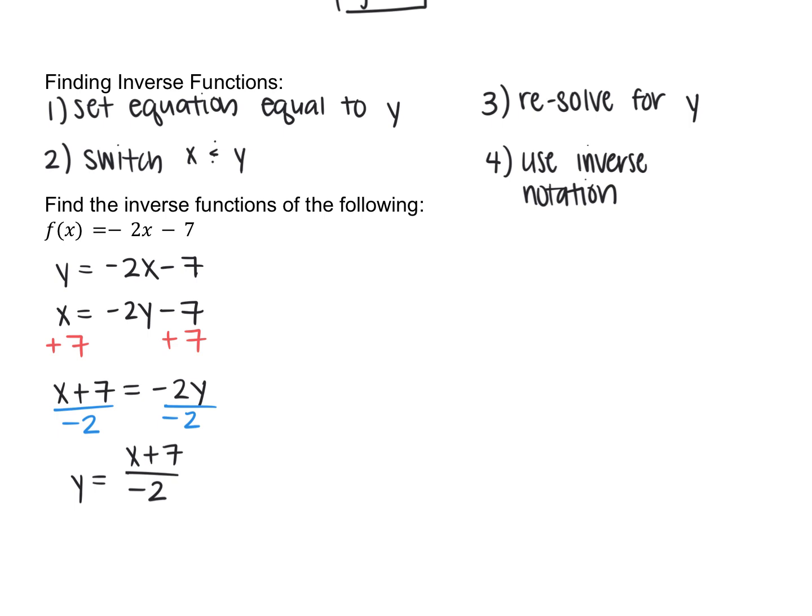And I don't really like to leave negatives in the denominator. So when I write this in inverse notation, I'm going to have f inverse of x equals, and then I'm going to go ahead and split this up into 2 fractions. So x over negative 2 becomes negative 1/2 x. 7 divided by negative 2 becomes minus 7/2.